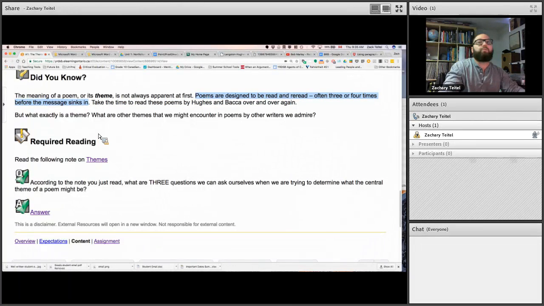People who really study poetry in depth, or people who just love poetry, reread poems countless times. Hundreds, thousands of times, literally. They read them so much that they learn them off by heart, just because they've read them so much, right? So you want to take the time to read these poems over and over again. I would use this guideline at least 3 or 4 times to really understand and analyze what these guys are saying.